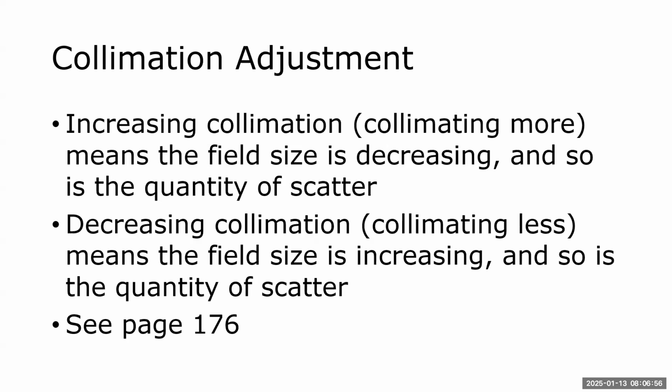If you are decreasing collimation, meaning you're collimating less, your field size is getting larger. So you have to see how you could get that mixed up. But always ask yourself, if I'm increasing collimation, that means I'm collimating more. If I'm collimating more, then my field size is going to get smaller. You can also look at page 176 in your Faber book for a little bit more information on this.